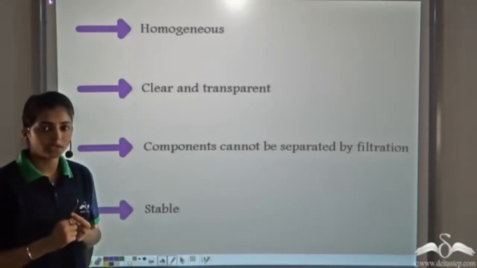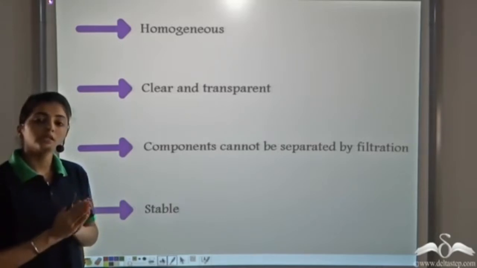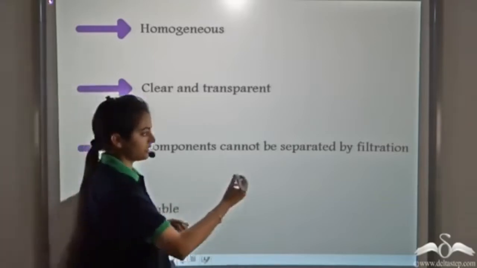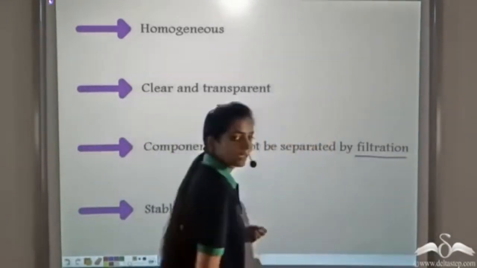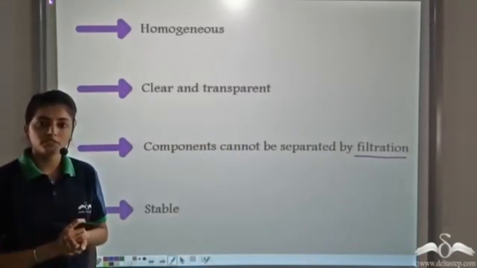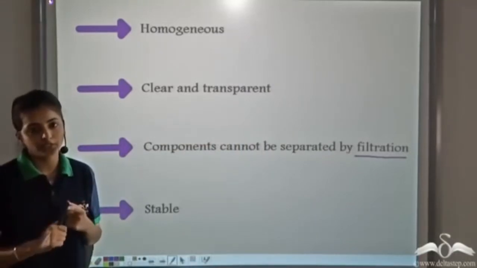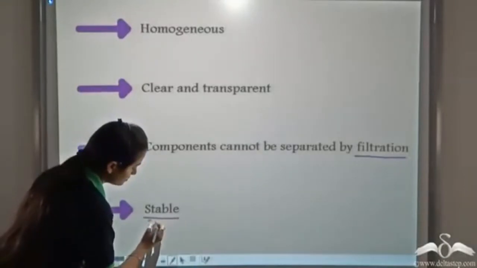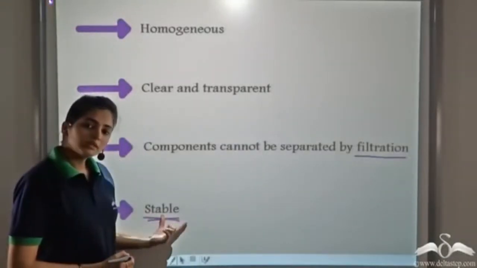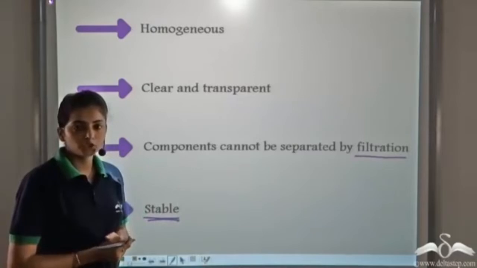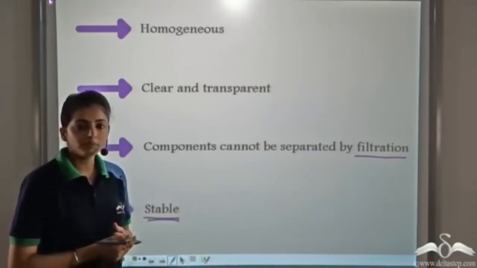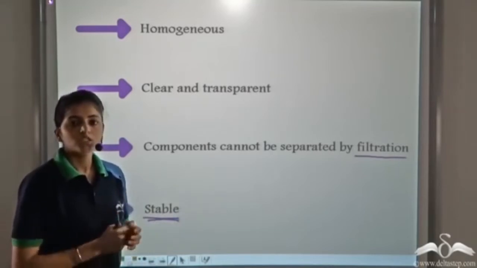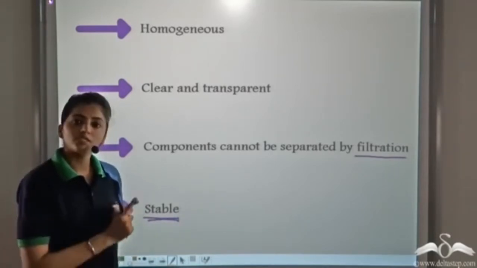The components of a true solution cannot be separated by filtration. When we filtered aqueous copper sulfate solution, there was no residue on the filter paper. Also, it is stable. If we leave it undisturbed for a very long time, we do not see any insoluble solid settling at the bottom. So aqueous copper sulfate solution is a true solution.